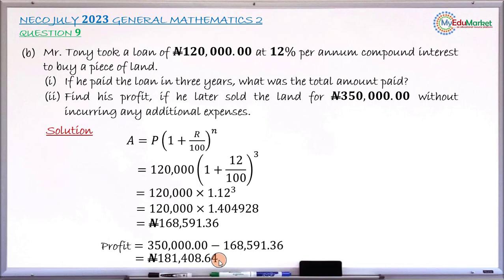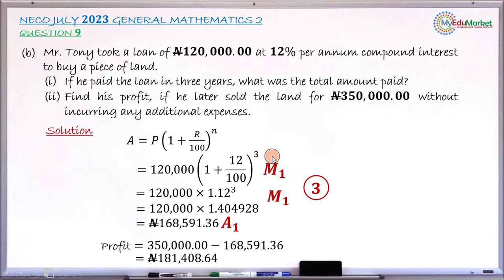So let me just share with you how marks are distributed in this question in the official NECO marking scheme. The very first mark for Roman 1 is the method 1 mark, and this method 1 mark is for substituting the P 120,000, the R 12%, and the N 3 correctly in an attempt to find the final amount.